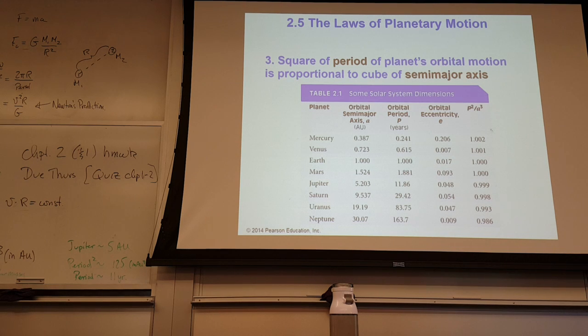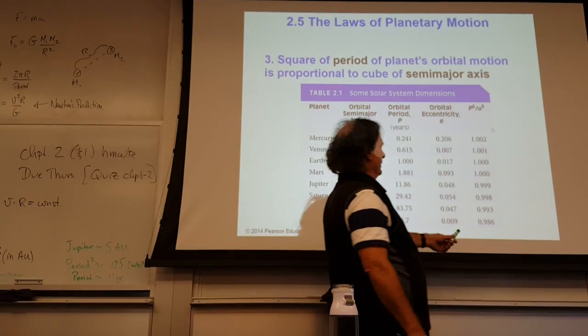Statistically, solar systems might turn out to be more like ours in the long run. But look at this p squared over a cubed, that's Kepler's law, almost exactly one.